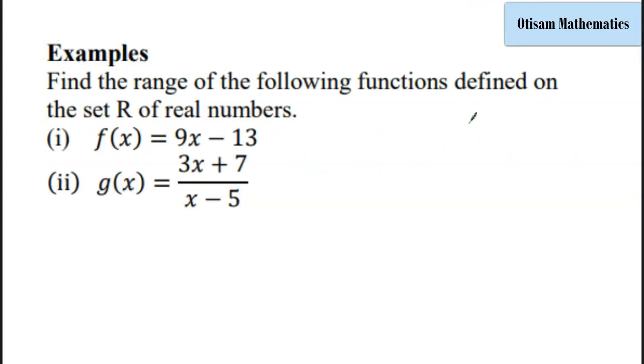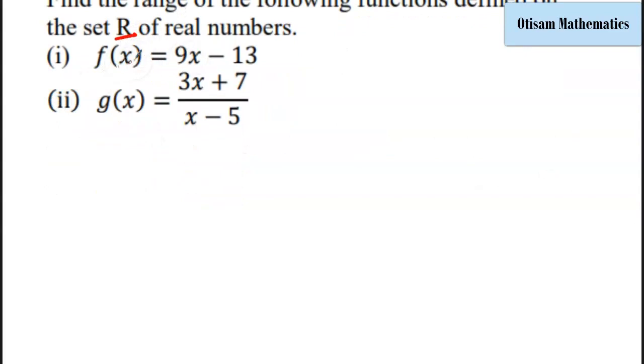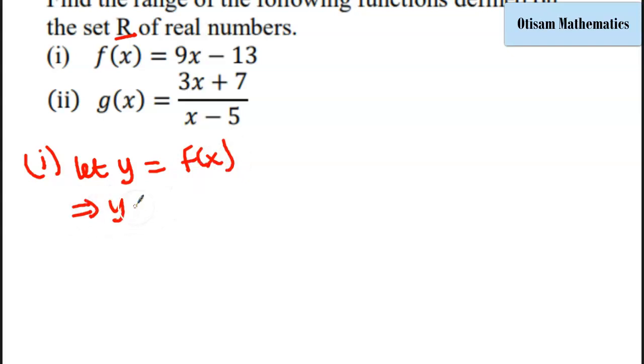Find the range of the following functions defined on the set R of real numbers. Our first function is f of x equals 9x minus 13. To find the range, we let y be equal to the function f of x. So y equals 9x minus 13.